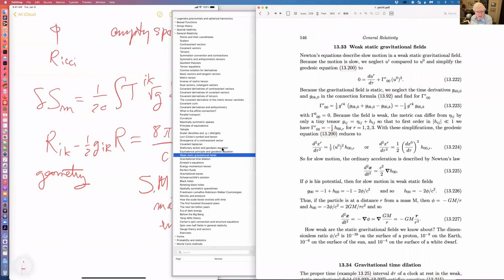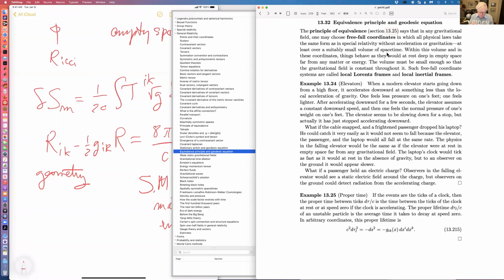It's basically that at any given point, you can make a general coordinate transformation to a reference frame in which g prime is equal to eta in a small 4-volume. And in that 4-volume, you then have special relativity applying.